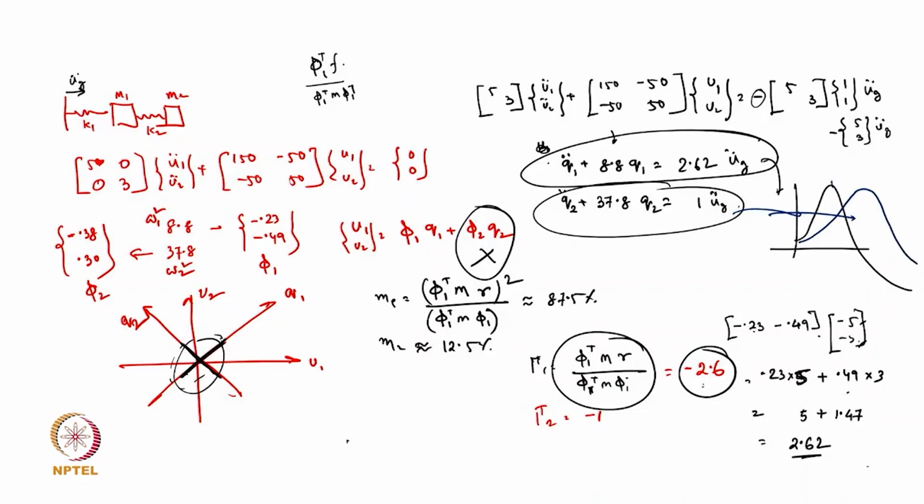So this is root over of 8.8 and this is root over of 37.8. These are these two peaks. And whatever is your UG, that is multiplied by 2.62 times for the first case, and in the second case it is only multiplied by 1 time.